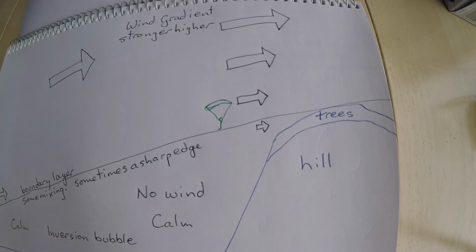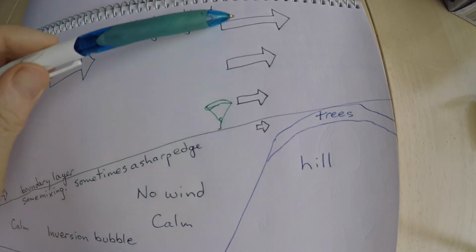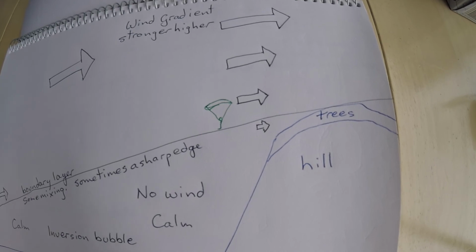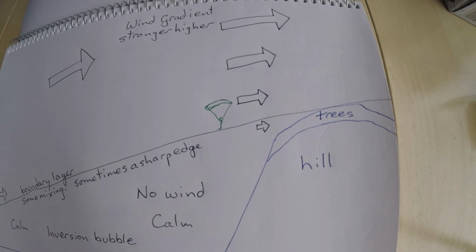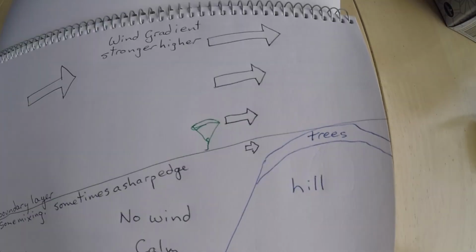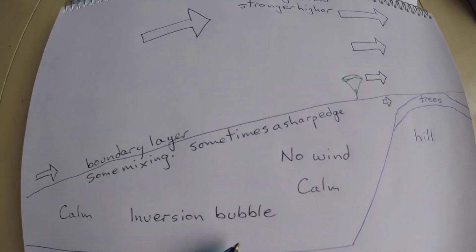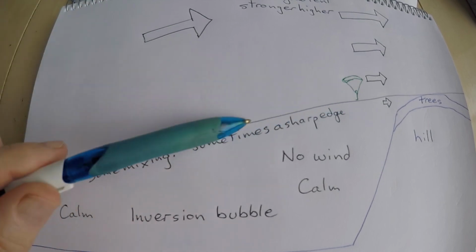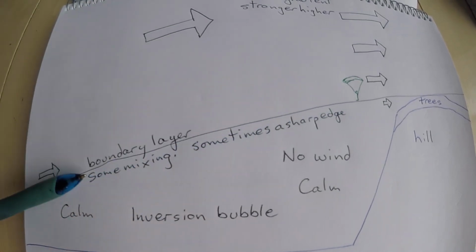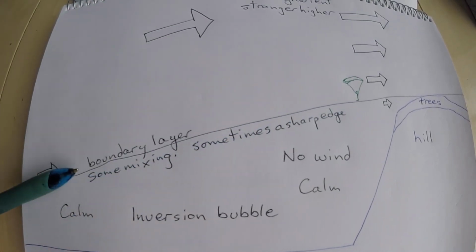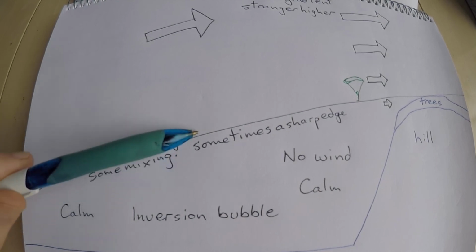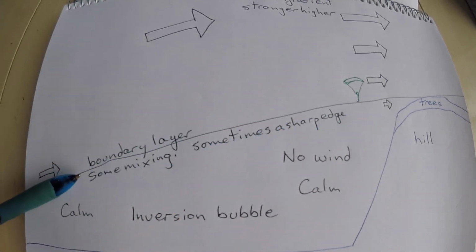So that's a sort of normal behavior, but we have this inversion bubble going on where there's an edge which may be very sharp. There may be some mixing and so some turbulence along that layer.